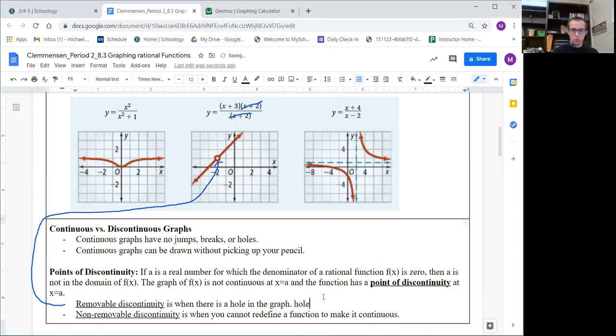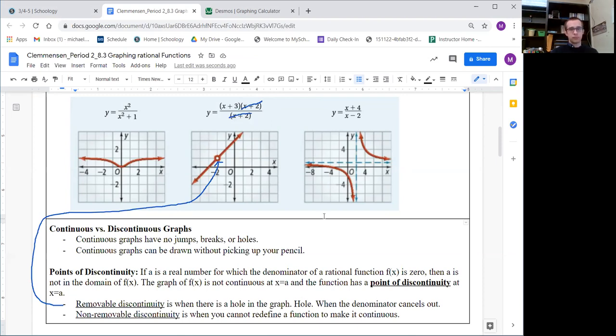Now the word for this is hole. There we go. And another thing that we're going to talk about is when the denominator cancels out. So since it cancels out in these two, this is going to be a removable discontinuity.